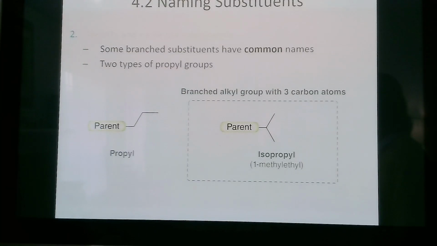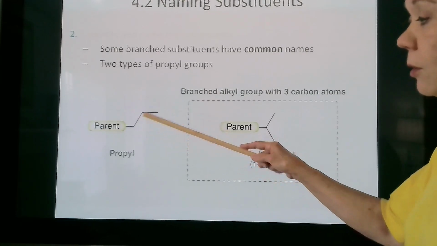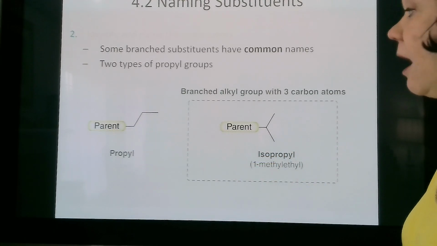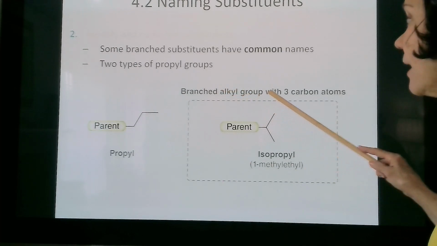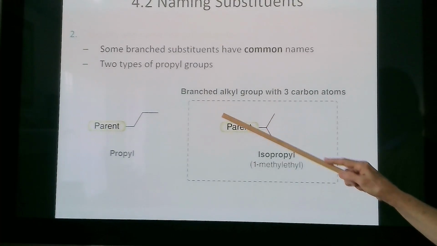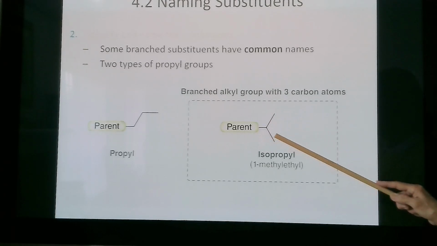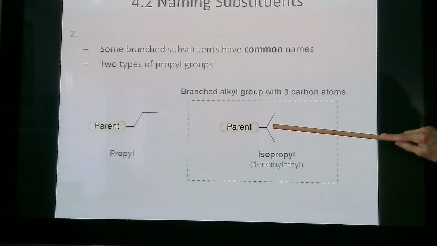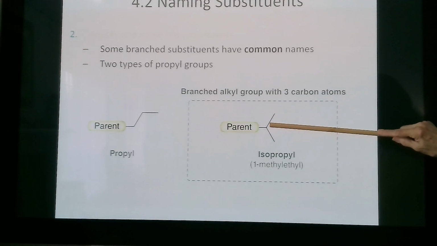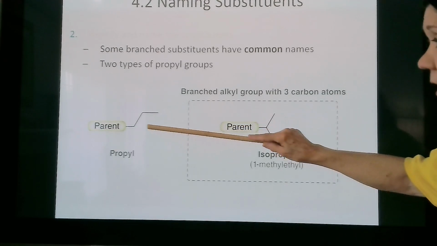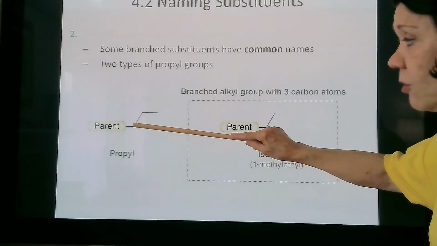Some branched substituents have common names that you will see used in your book. So you have propyl, which is an IUPAC name, but the branched propyl group, where the attachment is at the internal carbon. Here the attachment is at the terminal carbon of the propyl group.